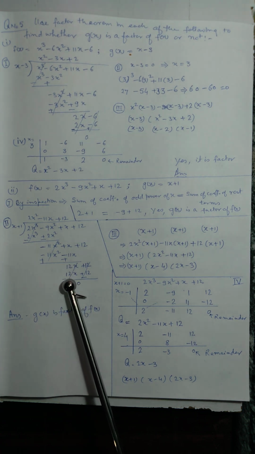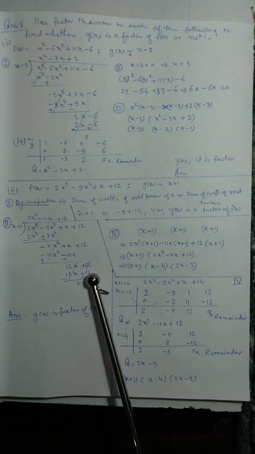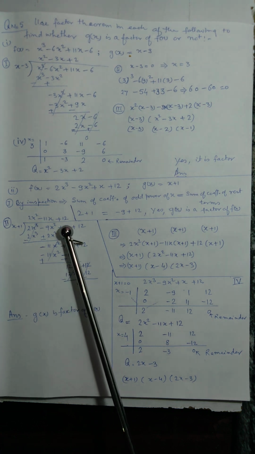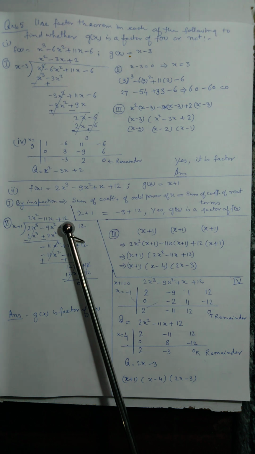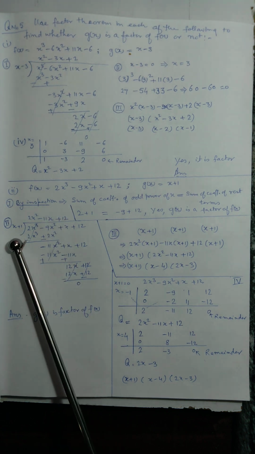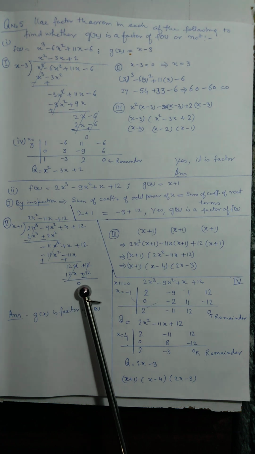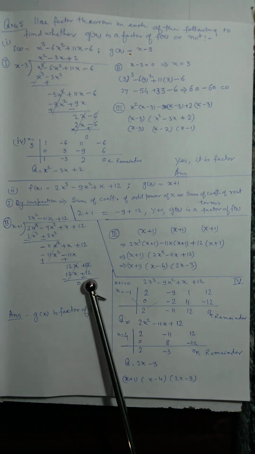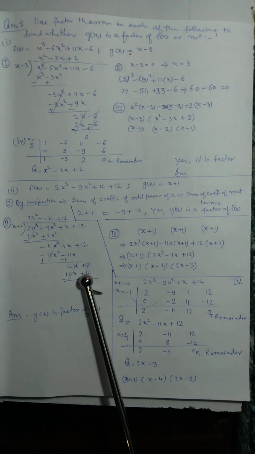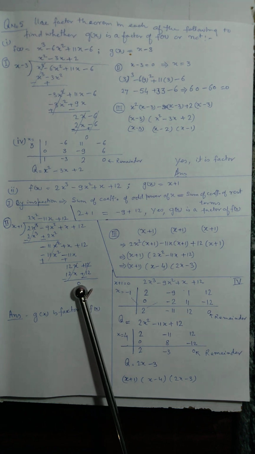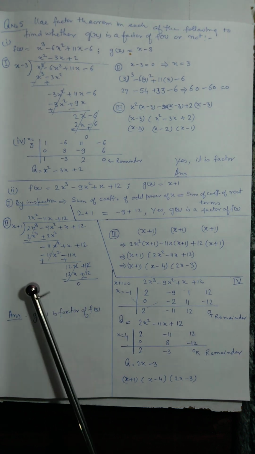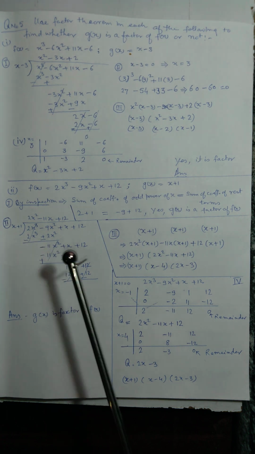You will get 12x plus 12. Now in the quotient you place 12 here. So multiply 12 by x plus 1. You will get 12x plus 12. Now change the sign and subtract it. The remainder will be 0 here. It means that x plus 1 is one of the factors.